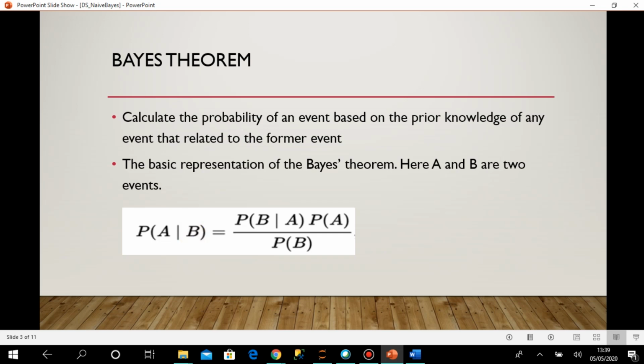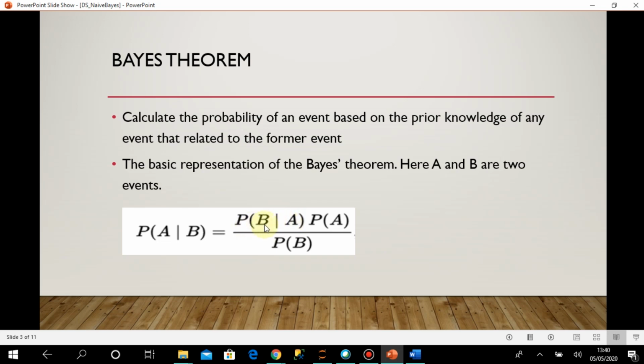That means, what is the probability of A occurring when the event B has already occurred. That is equal to probability of B given A, which is just the opposite. Here P of B given A is the probability of B occurring when the event A has already occurred.